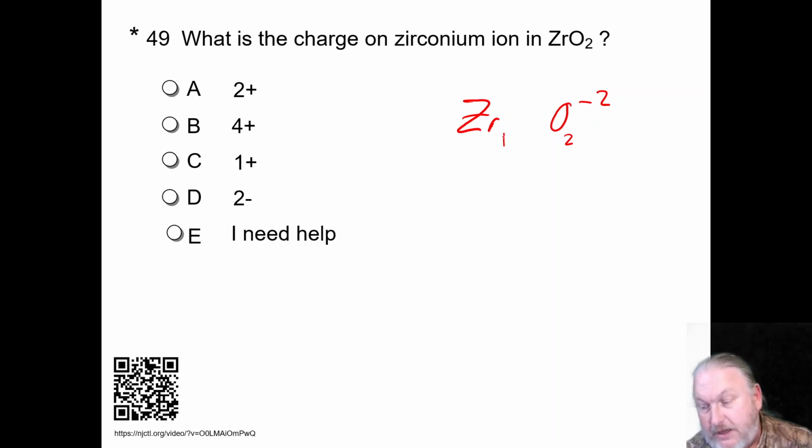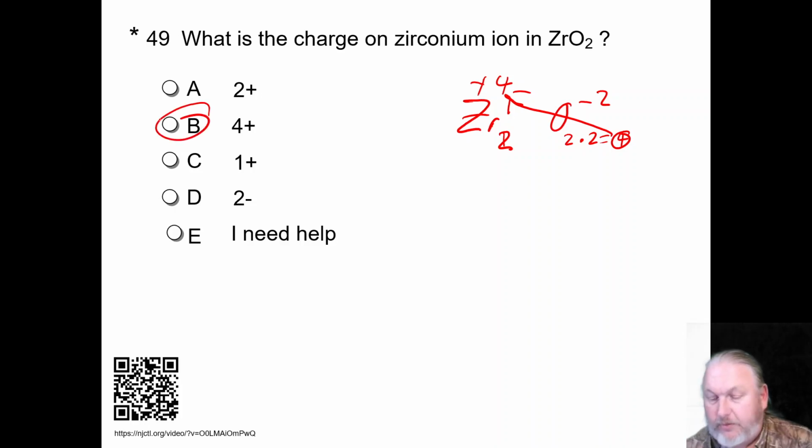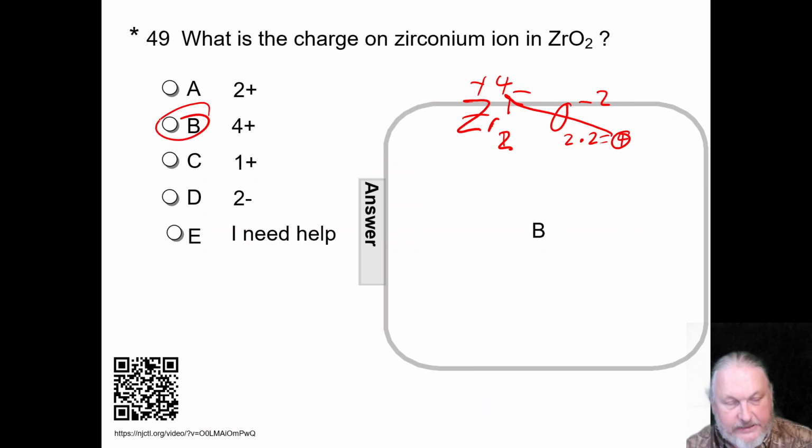That means it was really a 2. If I made that a 2, that means I multiplied that 1 times 2. That means I need to multiply this by 2 to get 4. So I put the 4 up there. That means it's got to be a +4. Zirconium's a +4. Let's see if I'm right. And indeed I am.